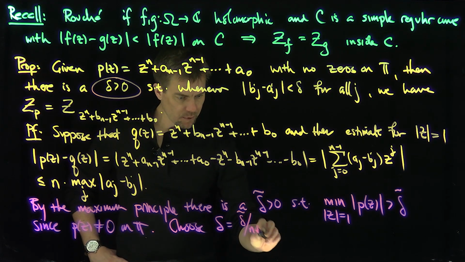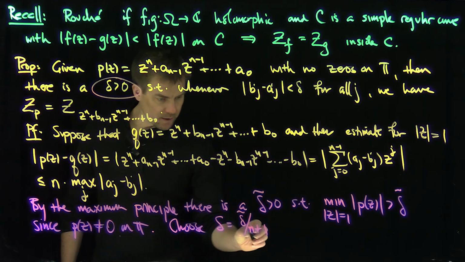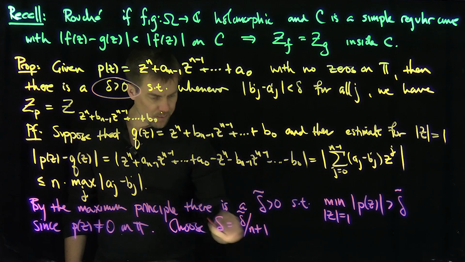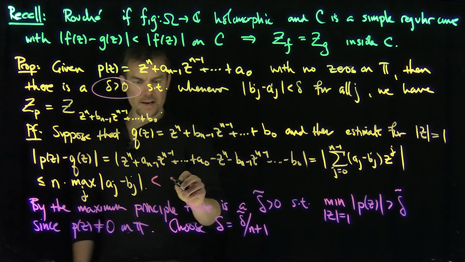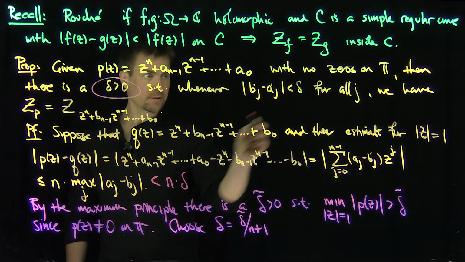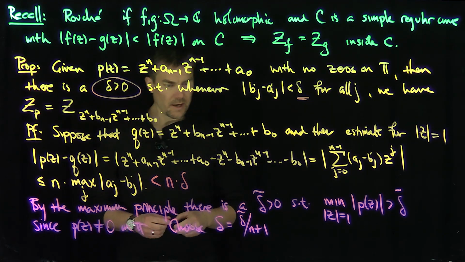Then I'm assuming that this is less than delta. So if we choose our delta to be delta tilde, which exists by the maximum principle, over n plus 1, then we can go back to our proof and say this is going to be less than n times delta by assumption.